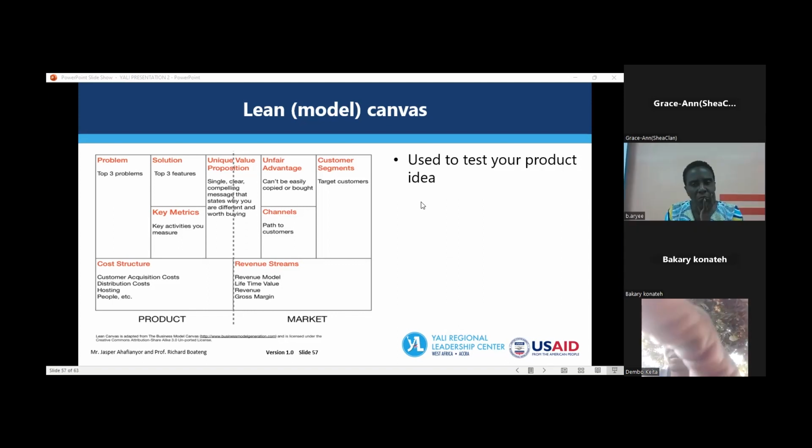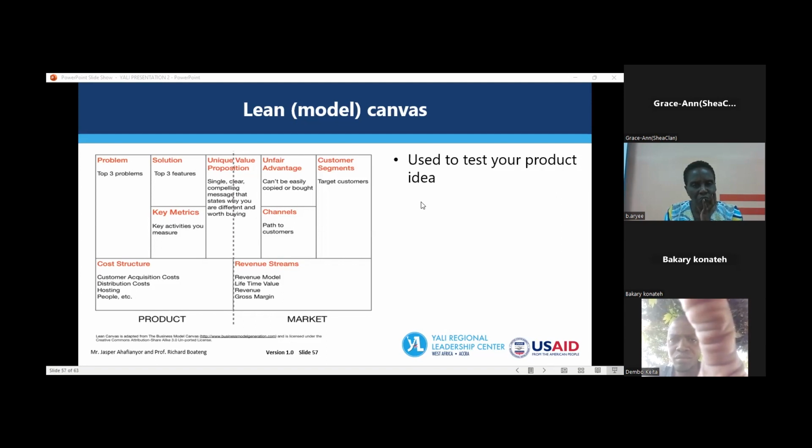We didn't have key metrics on the business model canvas, but we have it here on the lean model canvas. What are the similarities between this one and the business model canvas? Under the key metrics, I still see key activities, which sort of tells me it's probably going to measure.